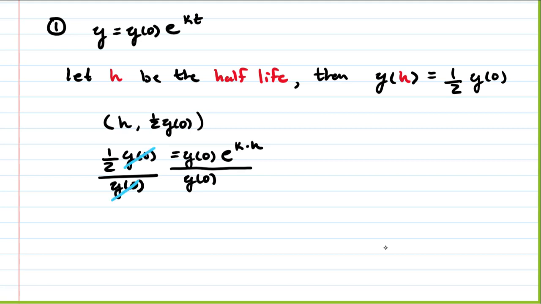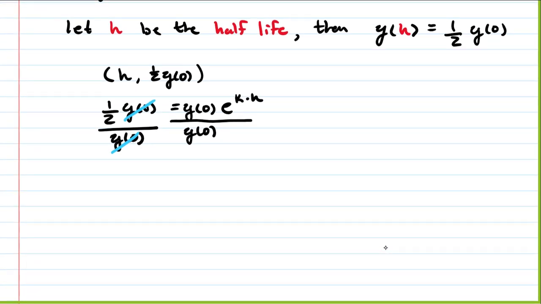Something very interesting happens: the starting amount reduces out of our equation. So our mathematical model tells us that our decay rate, k, does not depend on how much of the substance there is.